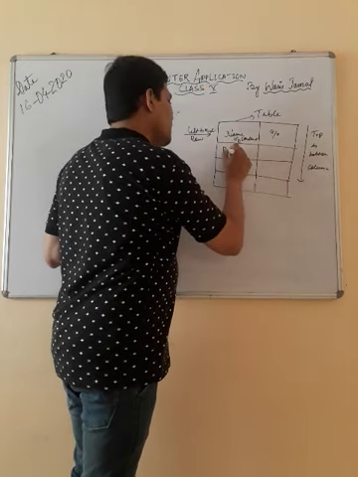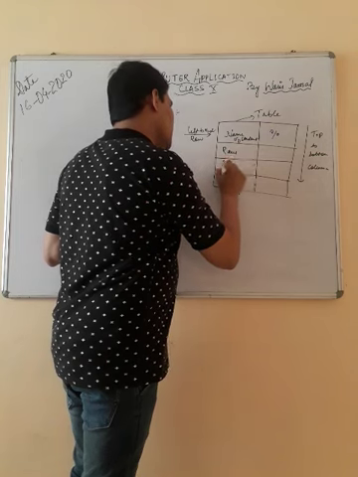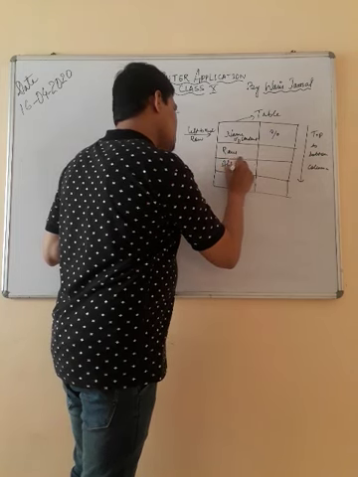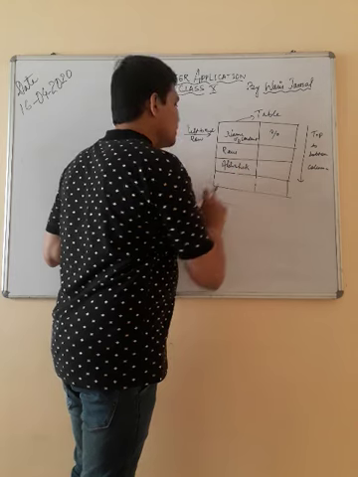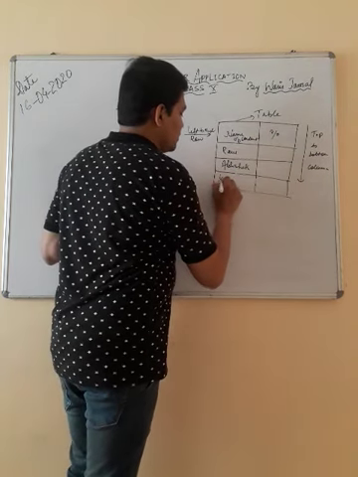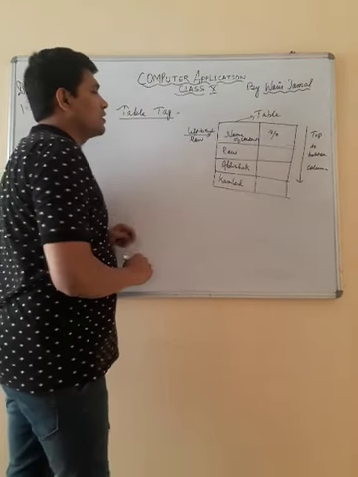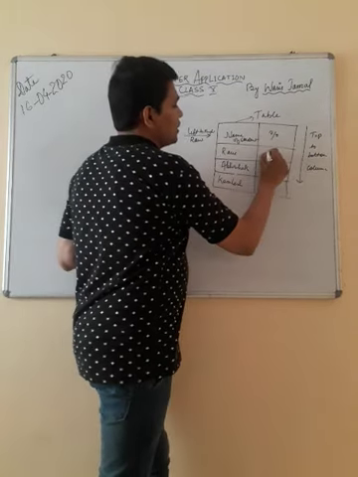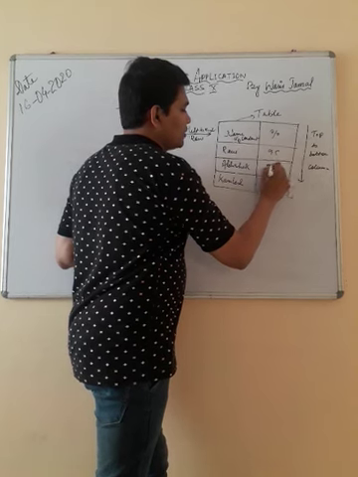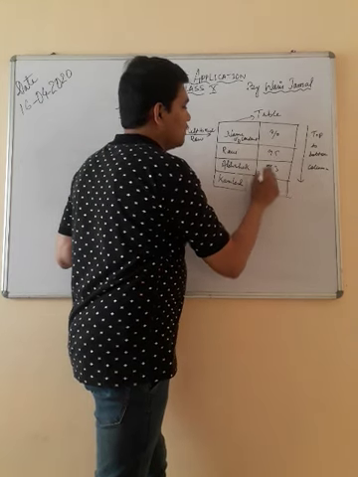For example, Ravi I have written here, Abhishek I have written here, Kamlesh I have written here. Percentage is 95, 93, 92 I have written.